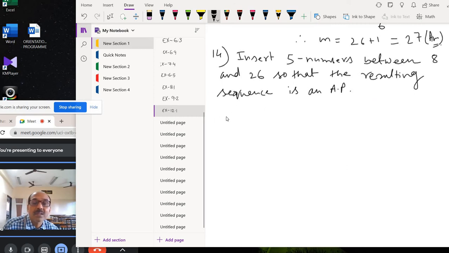So let a equal 8. We can take A1, A2, A3, A4 and A5 as the 5 numbers.